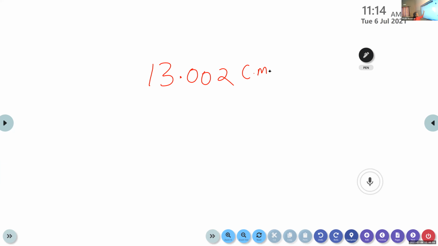Can you find out the digits present in this measured value? What are the digits present in this measured value? Digits, numbers. You can unmute and say the answers in the class, no problem.